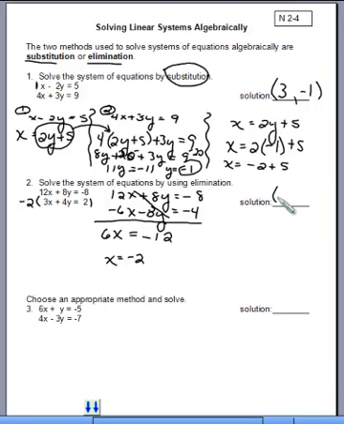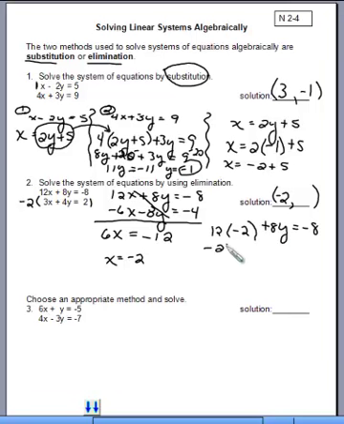So we go over here and our x is negative 2. We have to figure out then what y is. So we go back into one of our equations. I'm going to pick the first one. So I have 12 times negative 2, because I know what x is, plus 8y equals negative 8.